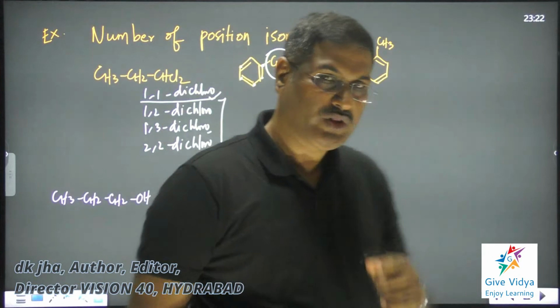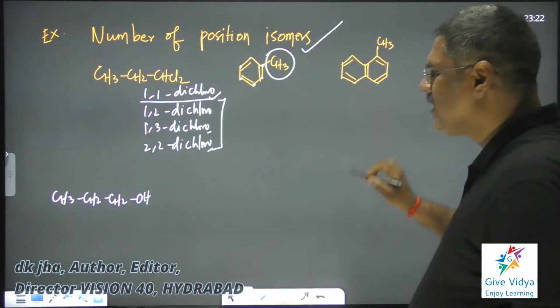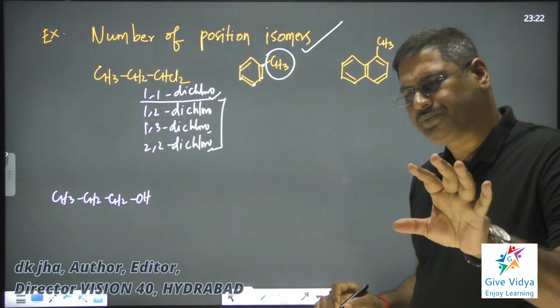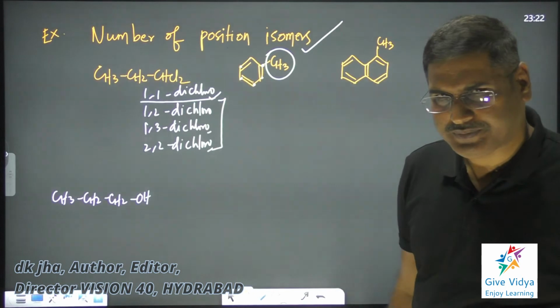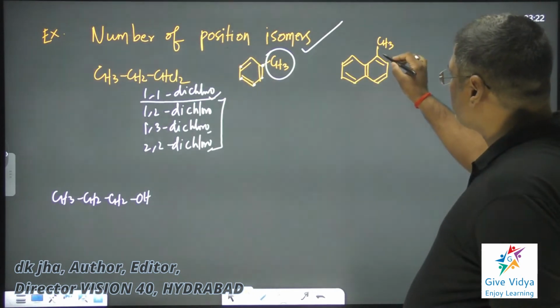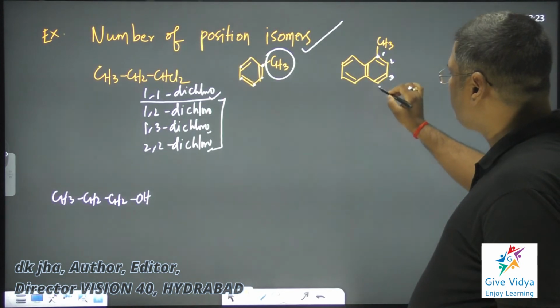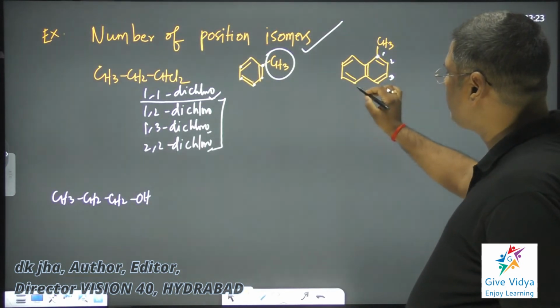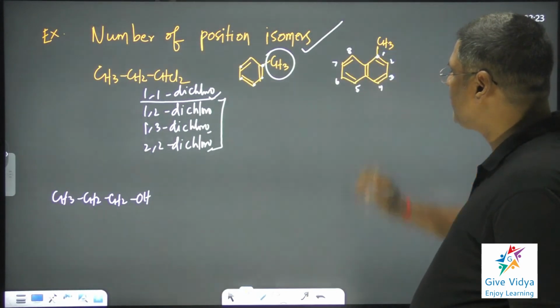Here, one thing you need to understand. In naphthalene, there is one fixed system of numbering of carbon atoms. This carbon atom is considered 1, 2, 3, 4. These are not numbered. This one is 5, this one is 6, 7, 8.